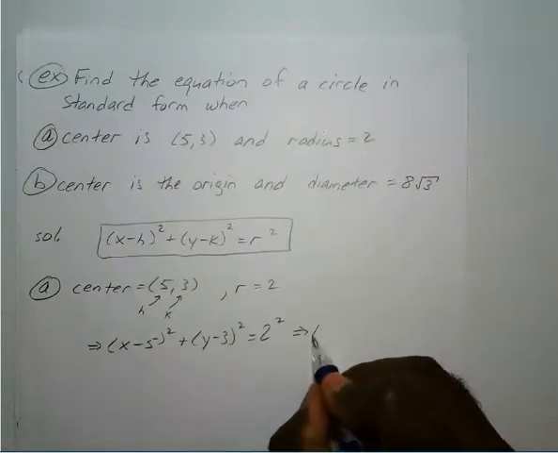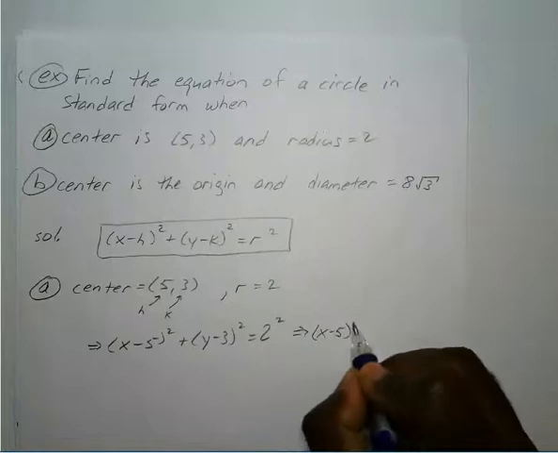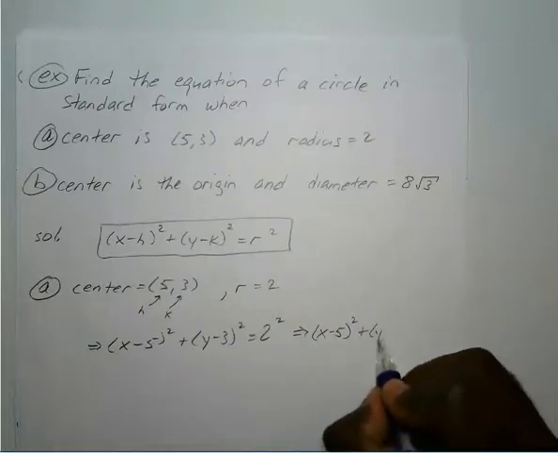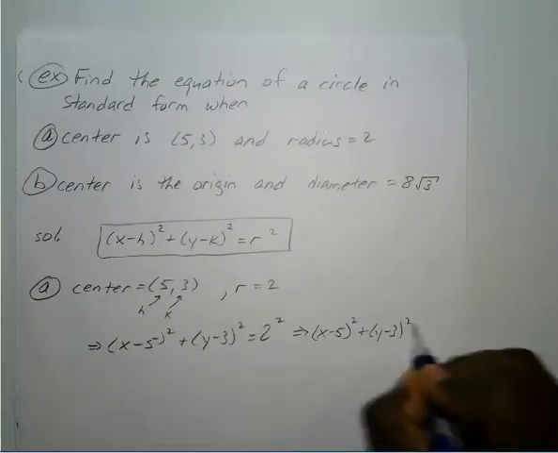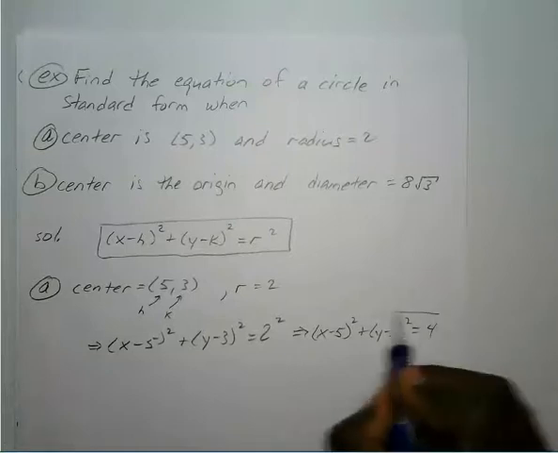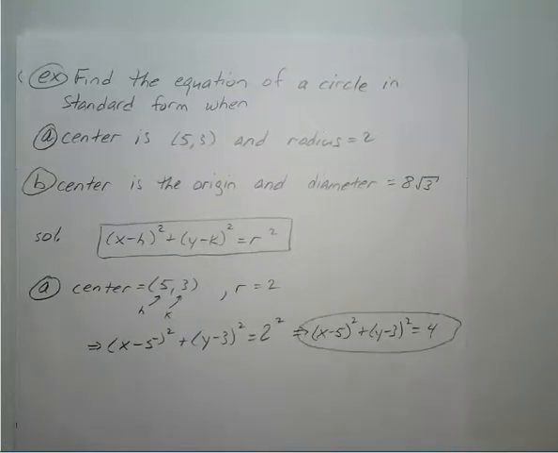So that gives us (x minus 5) squared plus (y minus 3) squared equals 4. Okay, so that's our equation of the circle for problem A.